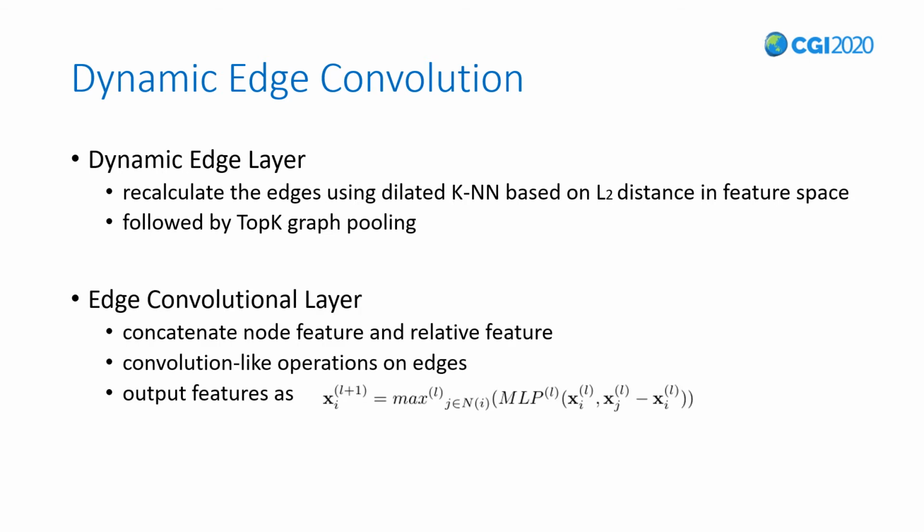In the edge convolutional layer, we apply convolutional-like operations on edges connecting neighboring nodes. We concatenate node feature and relative feature. To generate new features, we use MLP as activation function and max operation as aggregation function.